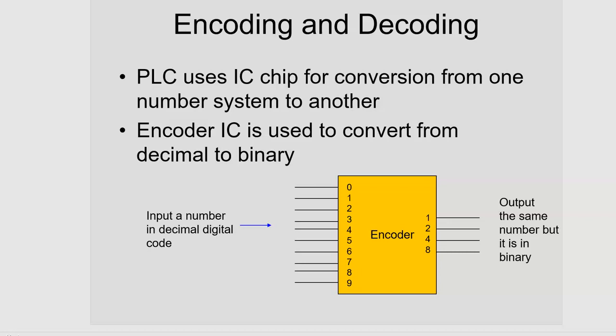If I have something that I'm going to change into a code, I can encode it. Here's an example of an encoder. It says input decimal number, and I can output the same number but in binary. Then I've encoded it. Or I can decode it. It can go the other way. I can input a binary number and get out a decimal number.